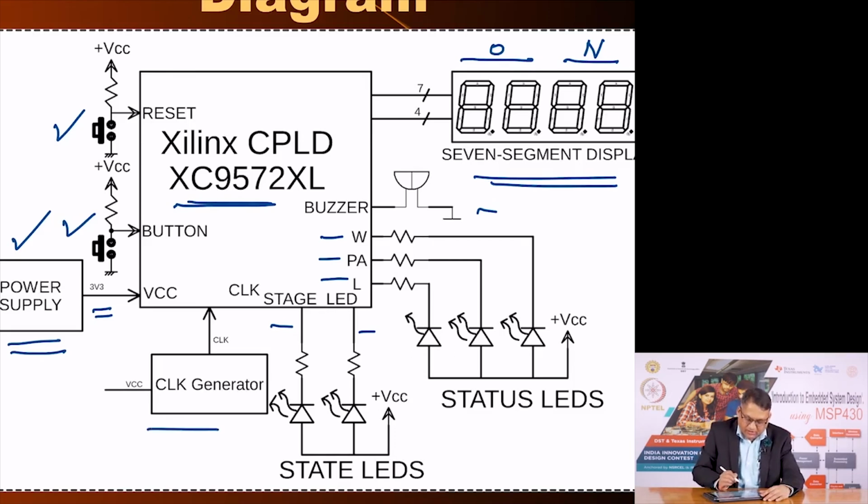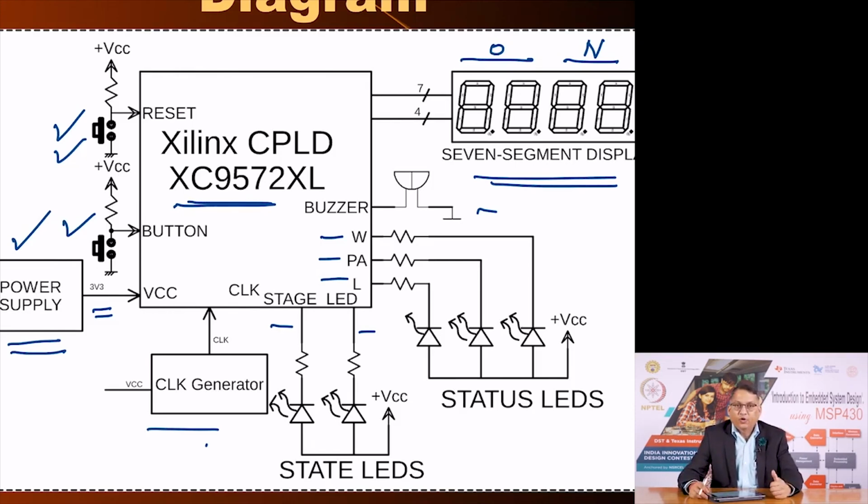You require a clock. In this case the clock was implemented using a 555 astable multivibrator, because the requirement was not for a very high frequency. Otherwise, we could have used other approaches. And of course, it requires a reset. So, this is your reset switch. In this case there is only one reset, which is the user reset, and the power supply and the clock generator.